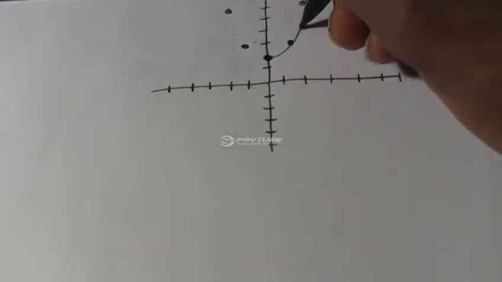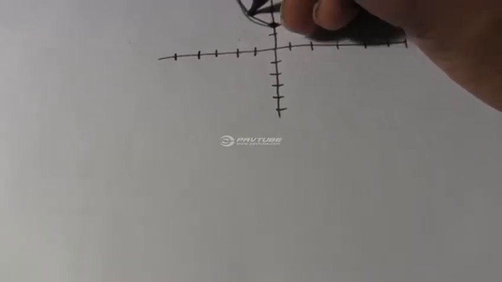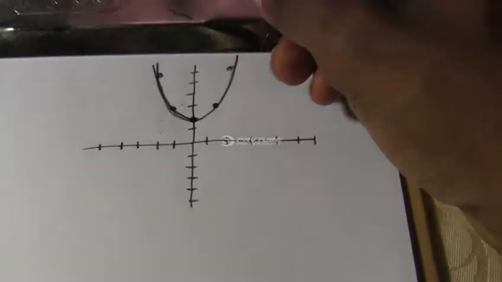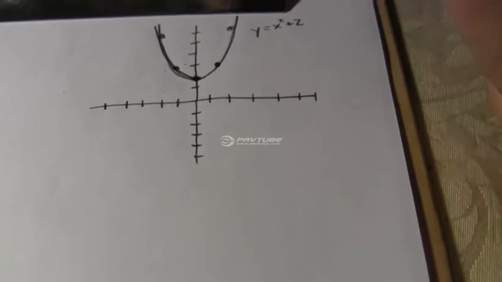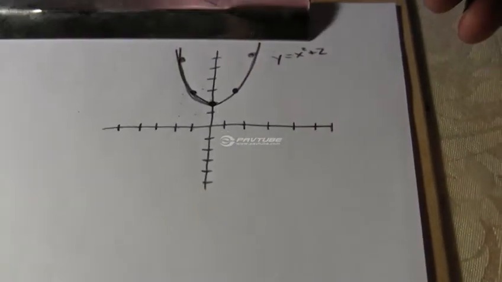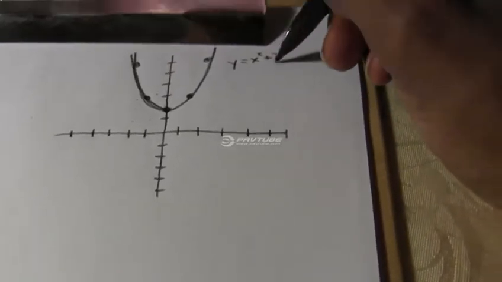So come do one of those. And there's our same parabola. All right. x squared plus 2. There's our same parabola, moved up by 2.